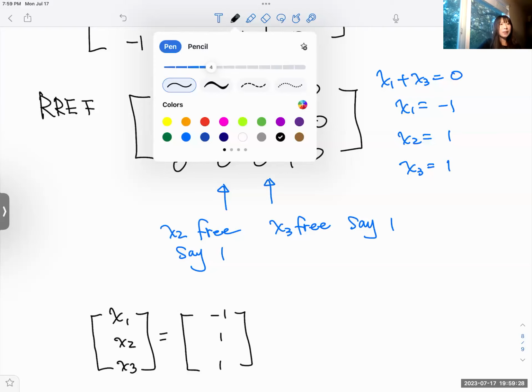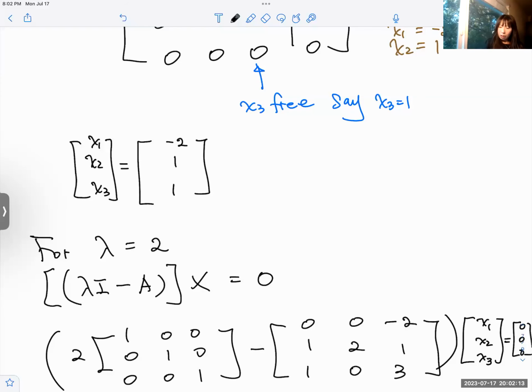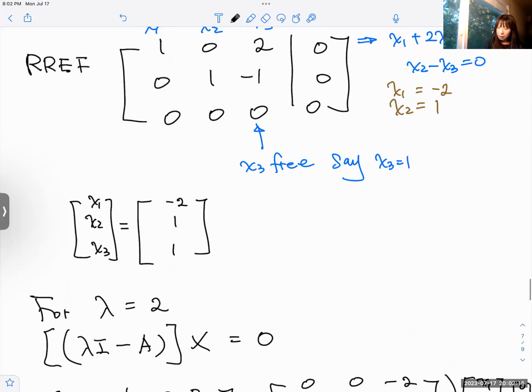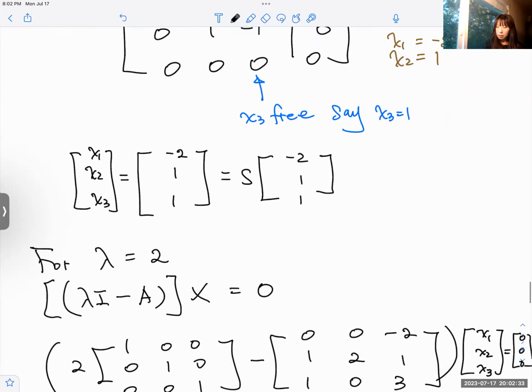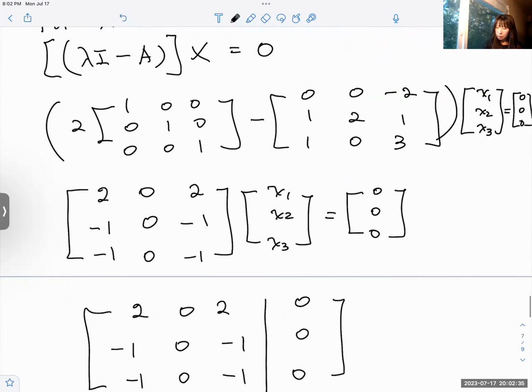Hold on 1 second. So we will have this one. We can express this one as S or T, right? So we will have S times -2, 1, 1. How about this one?